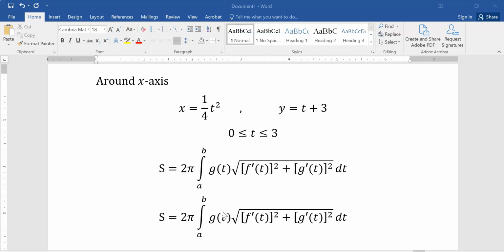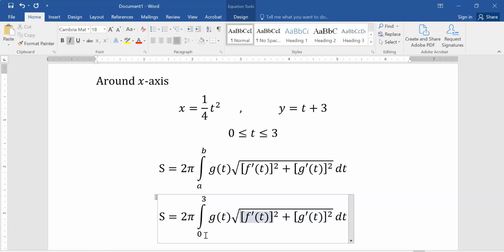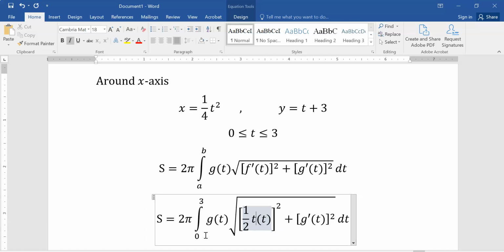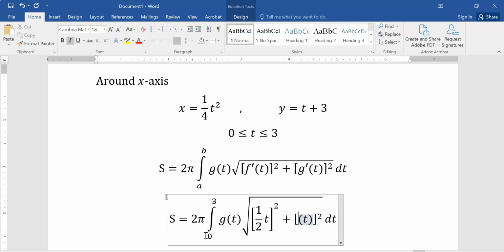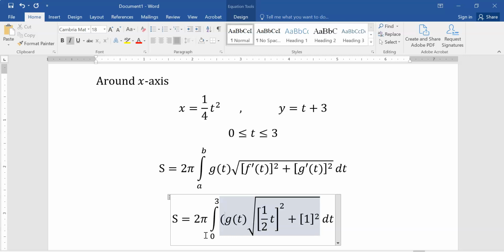Now, the main thing people will get wrong on this, they'll do the a is 0, lower bound, b is the upper bound, that's 3. They'll get the derivatives right, 1/2 t as the derivative of x, 1 as the derivative of y. But what people will often get wrong is this front component. People will throw the derivative in there when they're actually supposed to throw in the actual function of y.